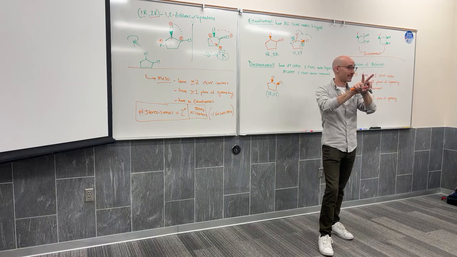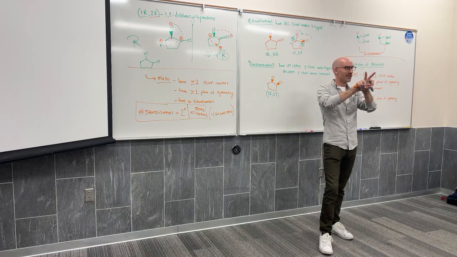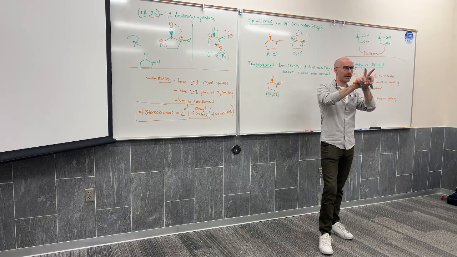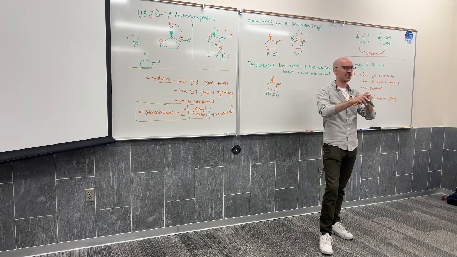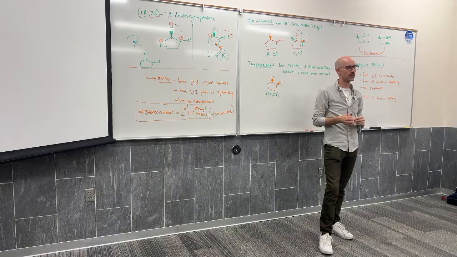They're not diastereomers, but they are diastereotopic. Swapping a hydrogen would create a stereocenter. That describes their relationship. There's a lot of terminology. It's a bit beyond the depth of this course, so we're not going to get into it too much.